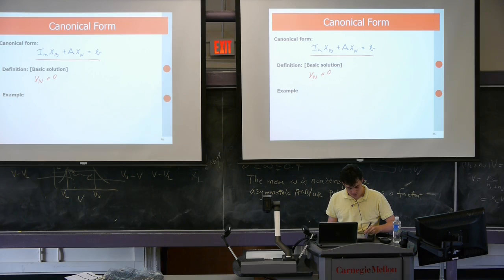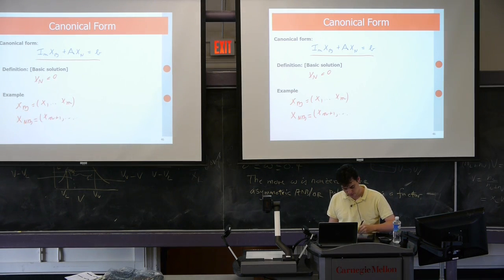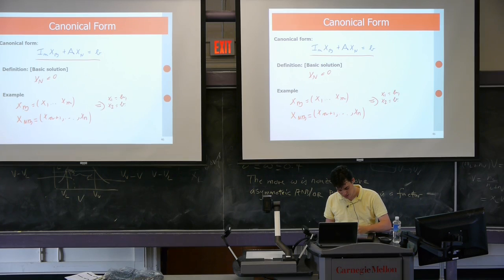So for example, if the basic variables are, say, x1 to xm, and the non-basics are the others, xm plus 1 to xn, then the basic solution would be x1 is b1, x2 is b2, and so on, xm is bm, and all the others, xm plus 1 up to xn, are 0.